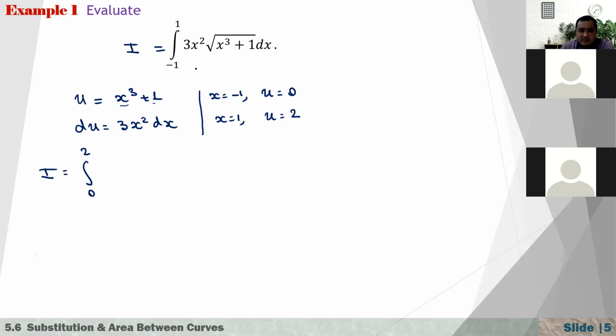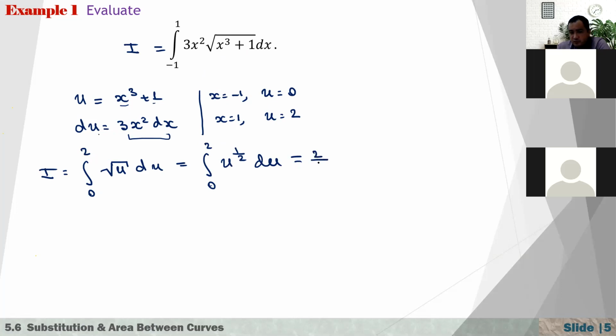Instead of 3x squared dx, I can write du, and x cubed plus 1 is u. So here we have the square root of u du. That's equal to the integral from 0 to 2 of u to the power of 1 over 2 du. We now have to integrate this: 1 over 2 plus 1 is equal to 3 over 2.